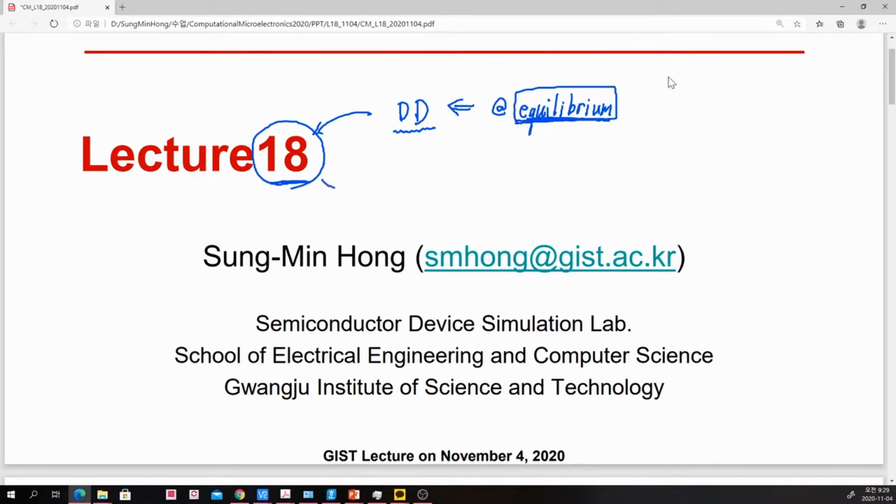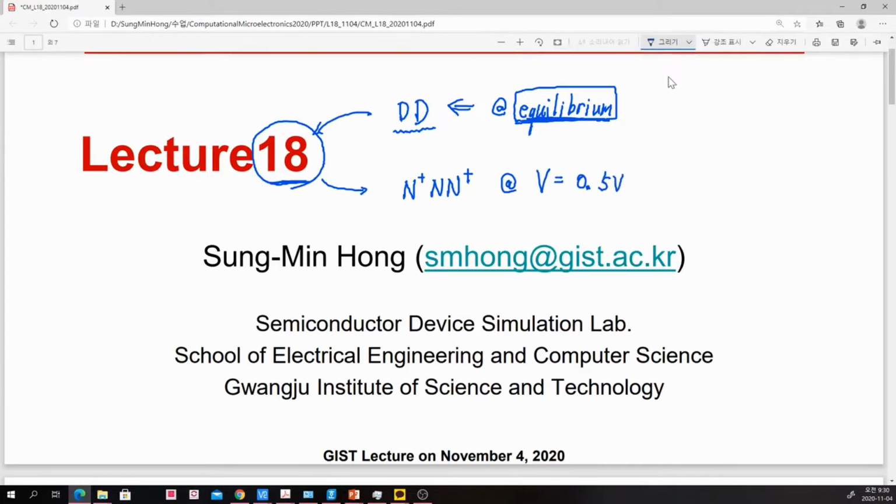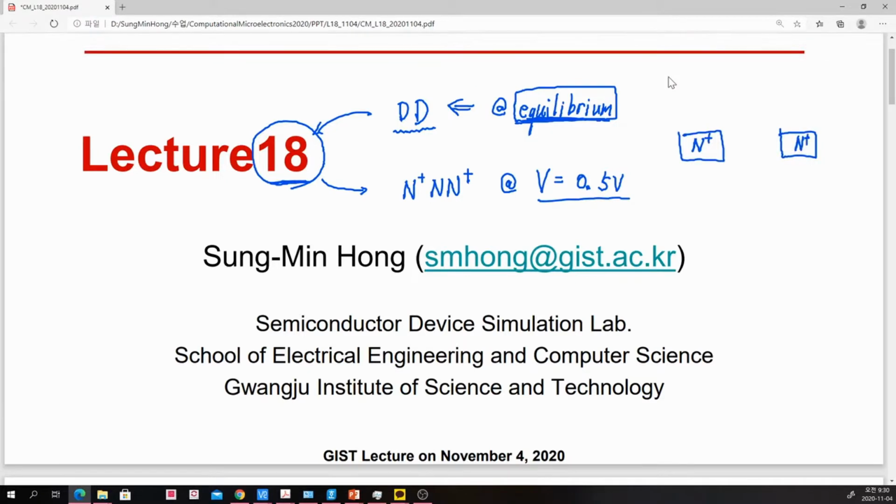So now you will try to solve, for example, an n+ n n+ structure with a certain bias, for example, 0.5 volt.